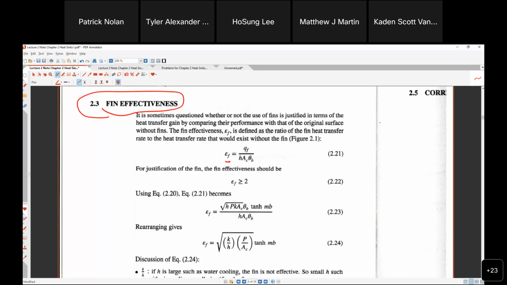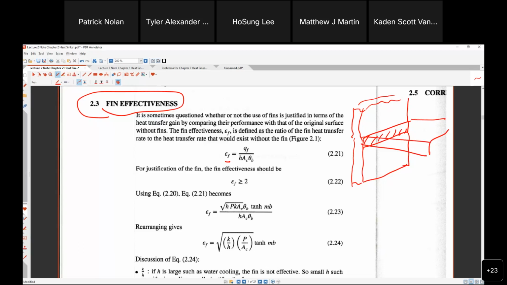Okay, say there is a plate, and we talk about this area. This is the fin, actually fin. Okay, do you understand? This is T base.